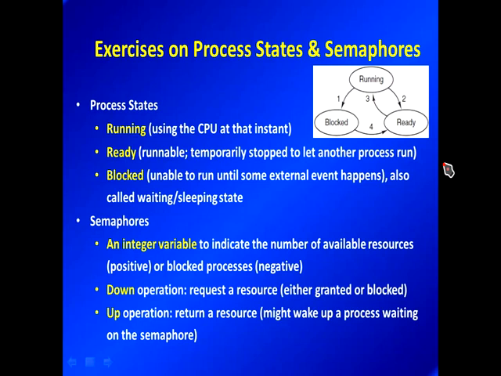So there is only one process which can use the buffer at the same time. So we use one semaphore called mutex to control the access to that critical region.